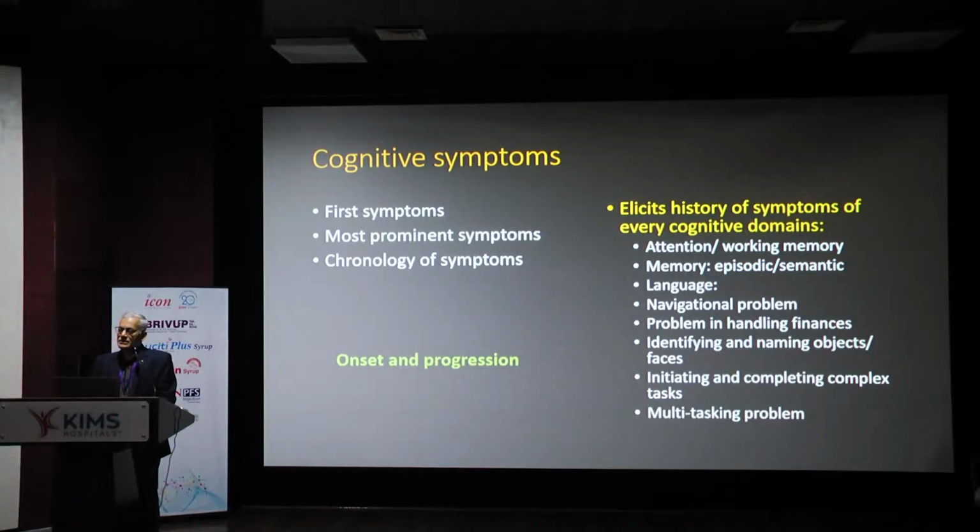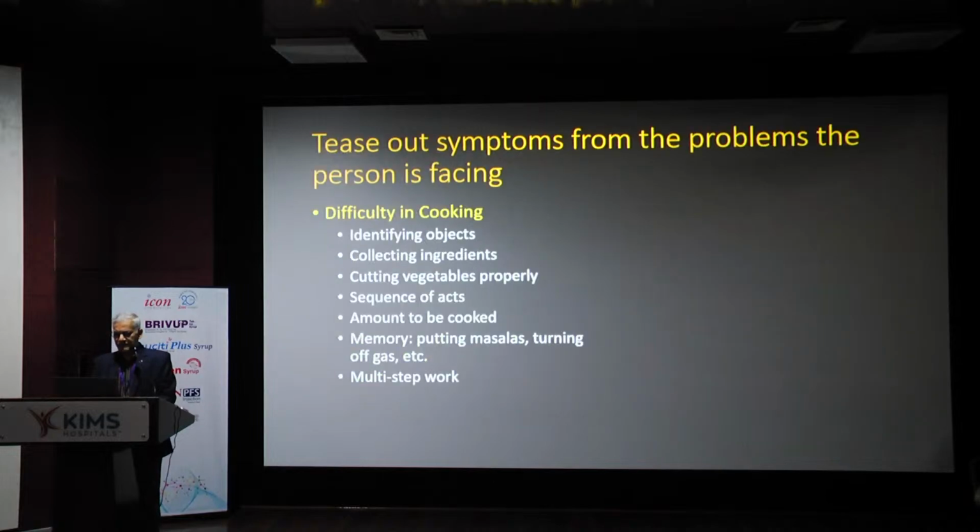Onset and progression. Sometimes a rapidly progressive dementia you may miss if you do not take the onset and the progression carefully. And many of the rapidly progressive dementia cases are treatable. Then some of the history: tease out the symptoms from the problem the person is facing. Problem in cooking may be because of multiple reasons.